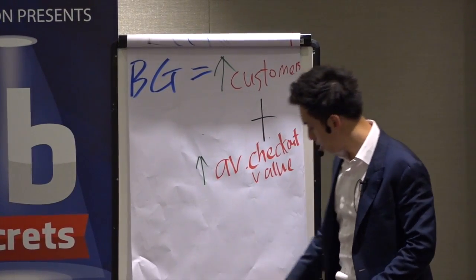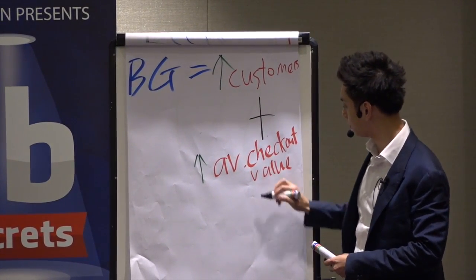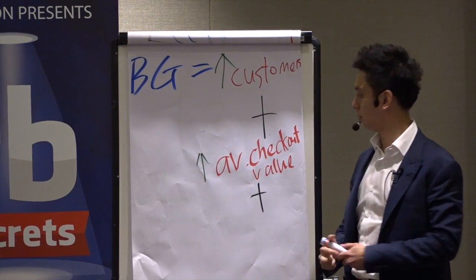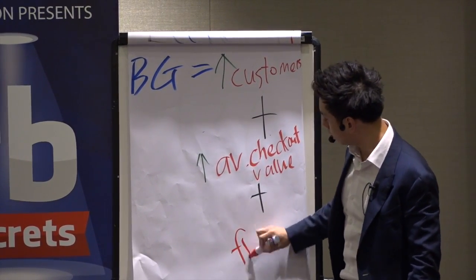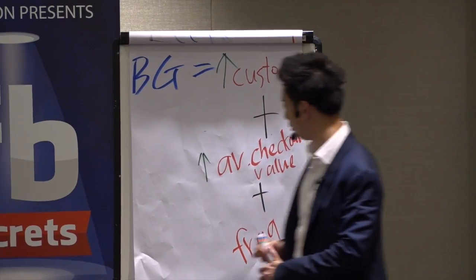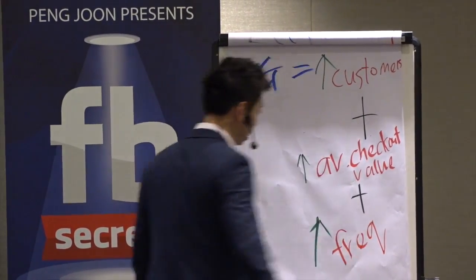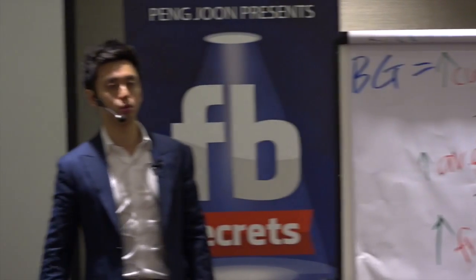And finally, the third way, what's the third way? Increase number of frequency. Right, the frequency. If you are able to increase the frequency of your customers, then you would be able to increase your business growth.